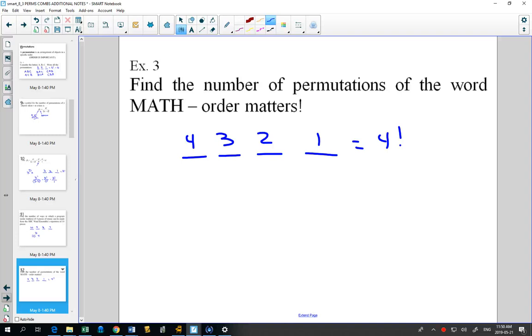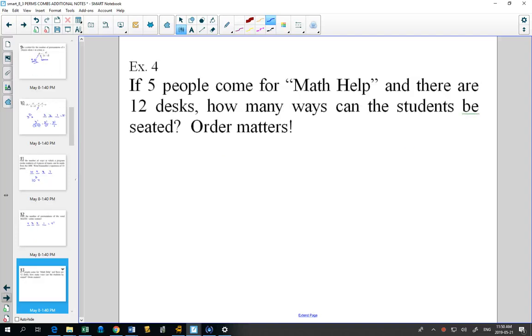Now some of the strange kind of questions that end up with permutations are ones like this. 5 people come in for math help and there are 12 desks. And because you put numbers into spaces, and because you put students into desks, the main mistake that happens here is someone draws 12 spaces to represent 12 desks.